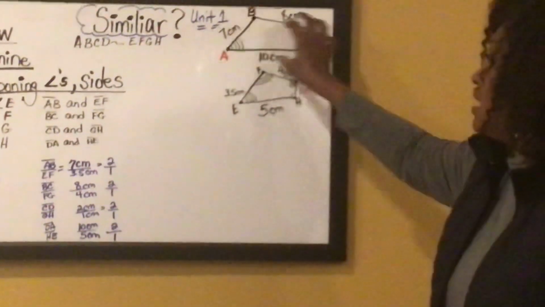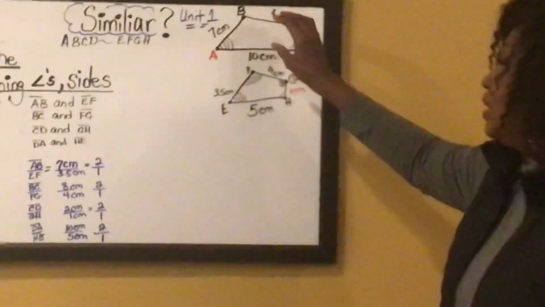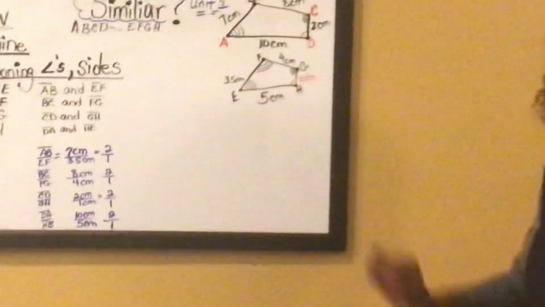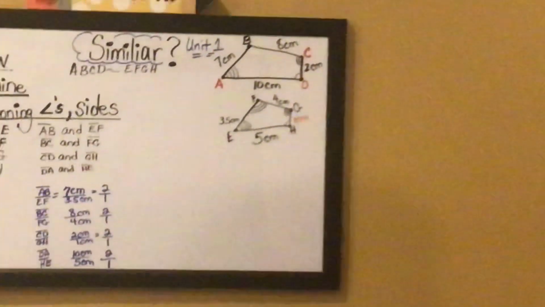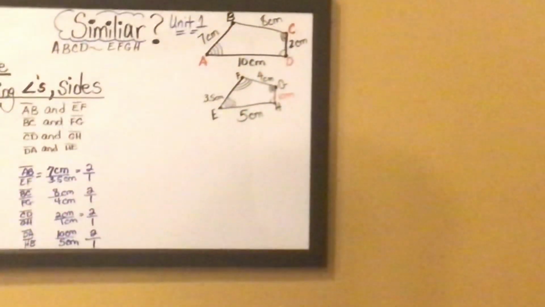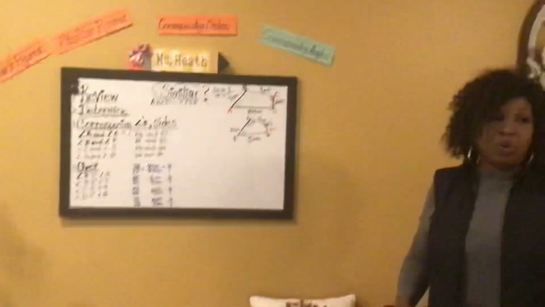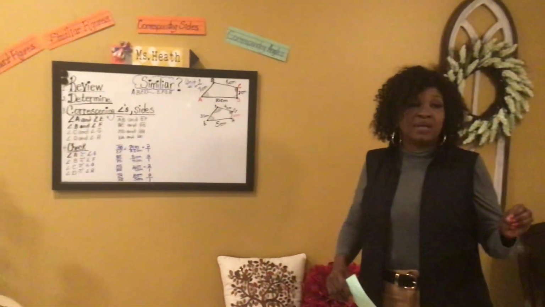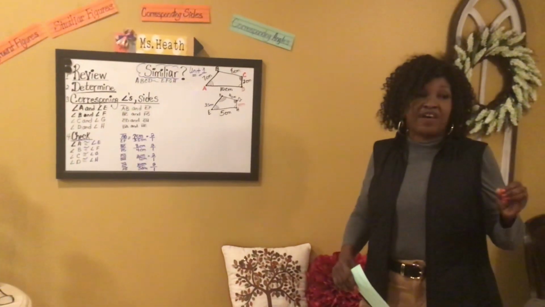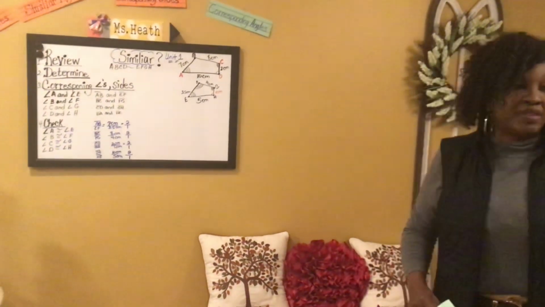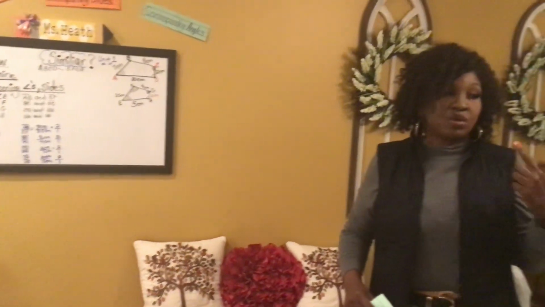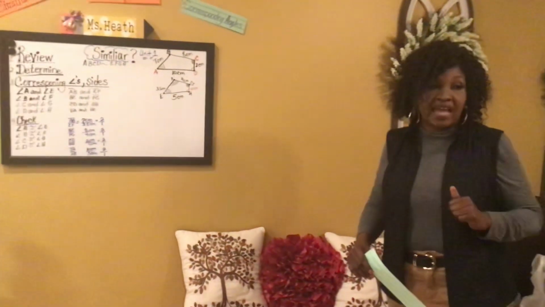You can clearly see that this is the biggest shape as opposed to that one that is the smallest shape. So then you can rotate the figures so that they are matched up. Once you identify the corresponding angles, it makes it easier to identify the corresponding sides. So let's go ahead and identify the corresponding angles first.